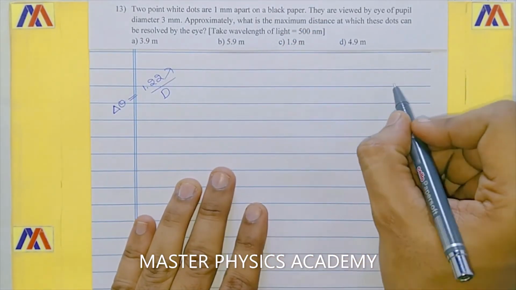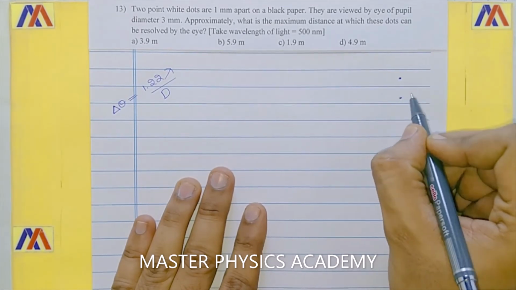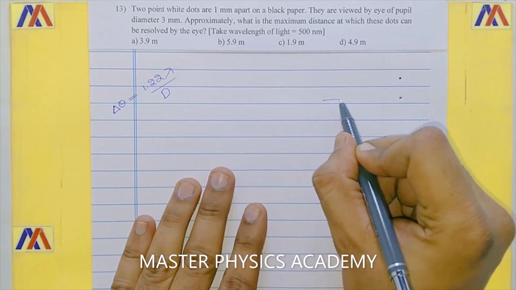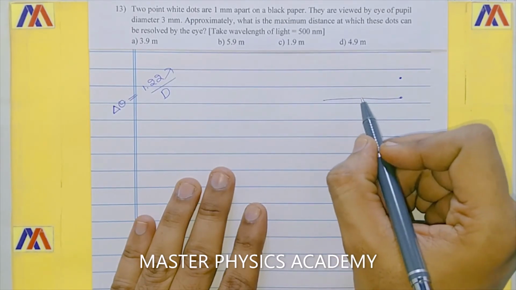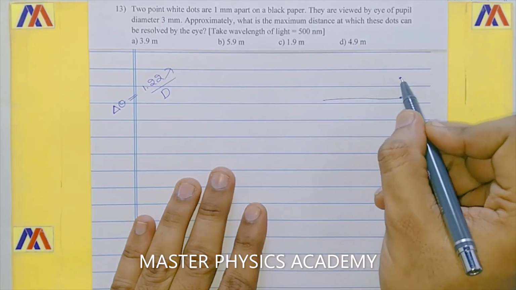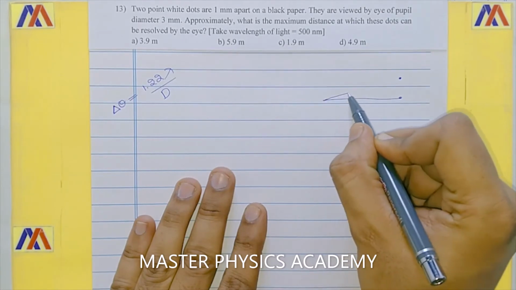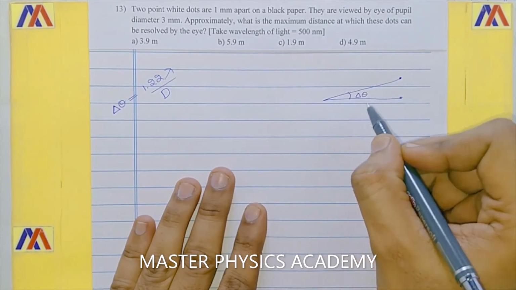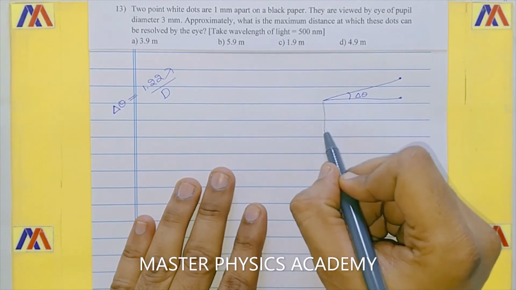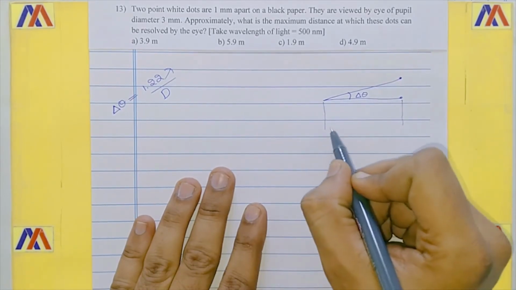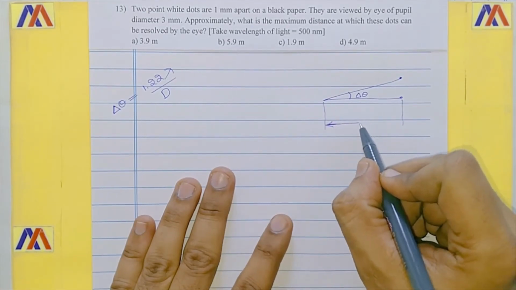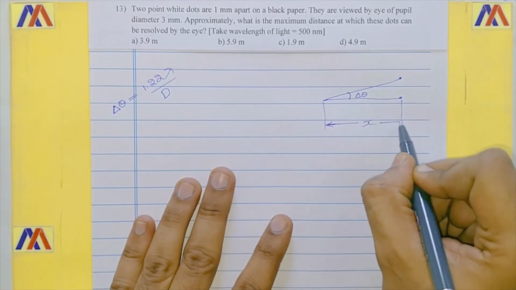Now, these two are the dots which should be viewed by the eye. Let this be the maximum distance till which these two dots can be seen as distinct. According to the definition, this angle becomes the limit of resolution of the eye. Let the maximum distance till which they get resolved be denoted by symbol x.